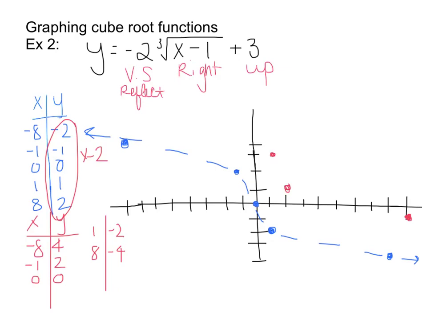Right 1, up 1, 2, 3. And then I think I need to add some more at the top. So then you go to the right 1, and you go up 1, 2, 3. And so your final graph is this pink one over here.